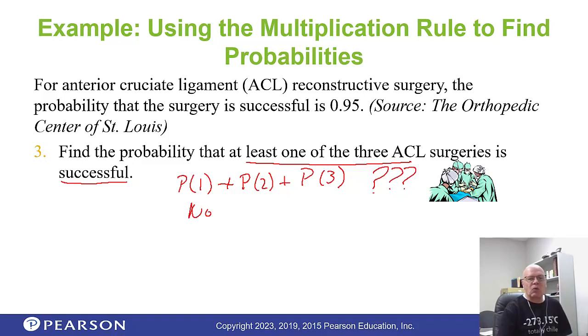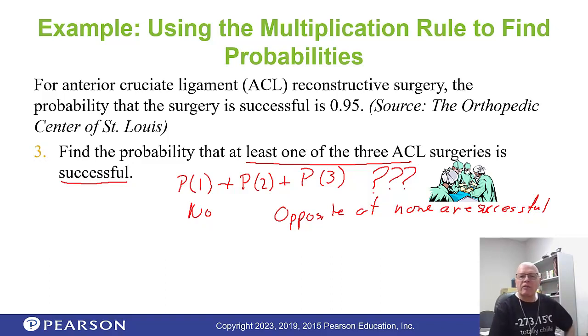Because at least one is the opposite of none are successful. There we go. The opposite of none are successful. Now what we already found was that none are successful has a probability of 0.0001.